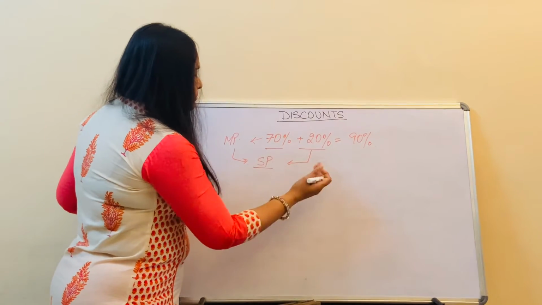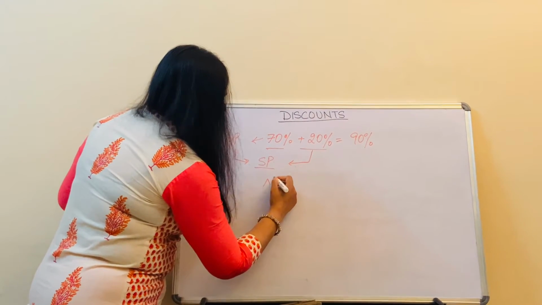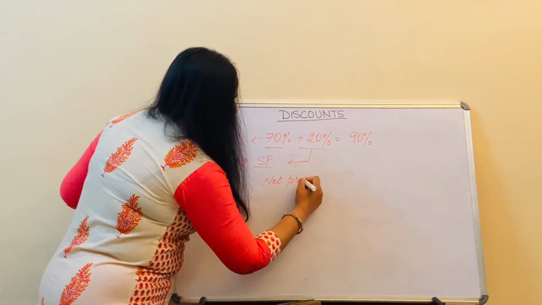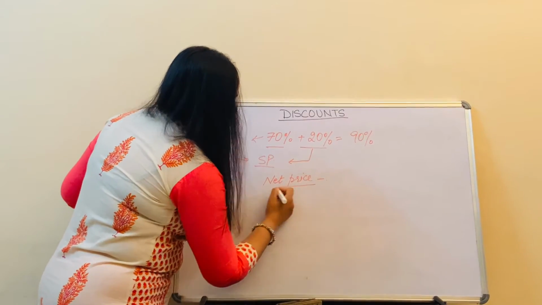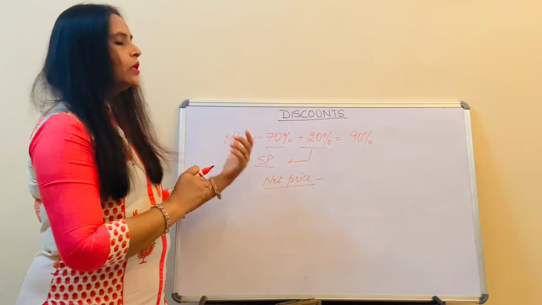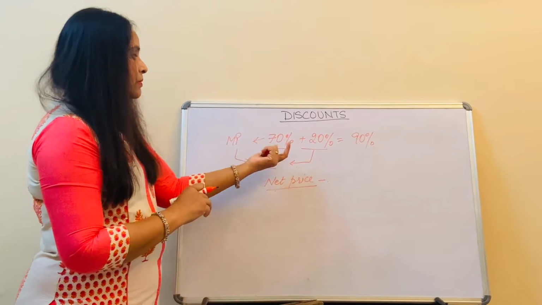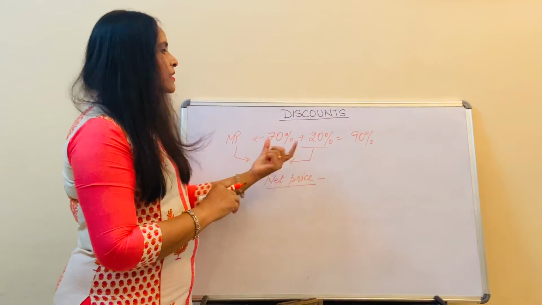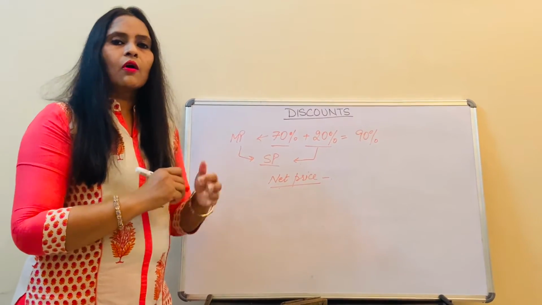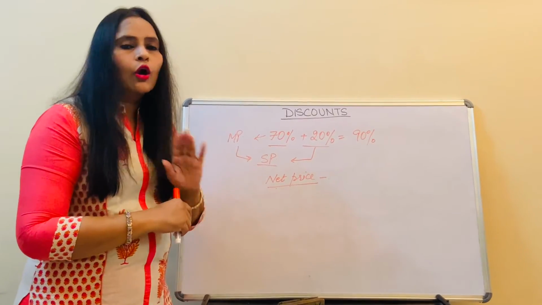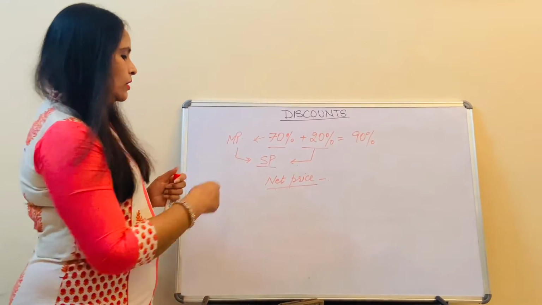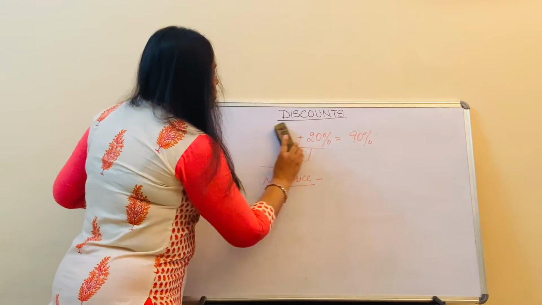Then we'll get another price, that will be the net price which we will have to pay to the shopkeeper. So please remember that these 2 successive discounts offered by the shopkeepers are not going to be added. So how will we calculate these 2 discounts?